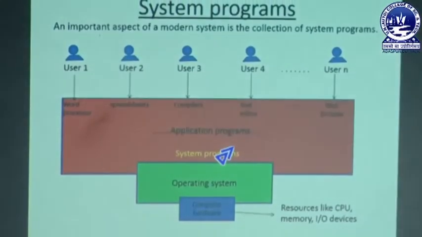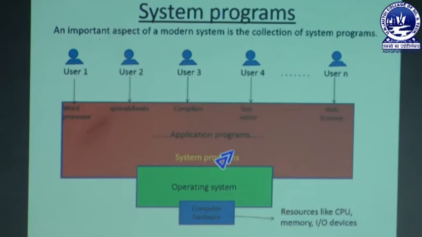Today I am going to discuss system programs: what they are, the types of system programs, what they are used for, and how we categorize them on the basis of the tasks they do in the operating system.